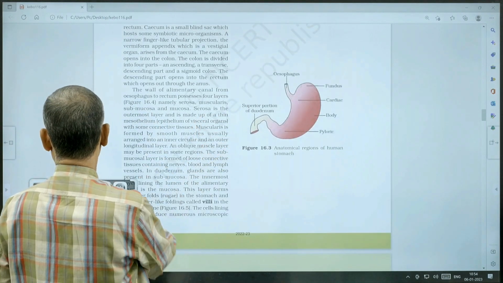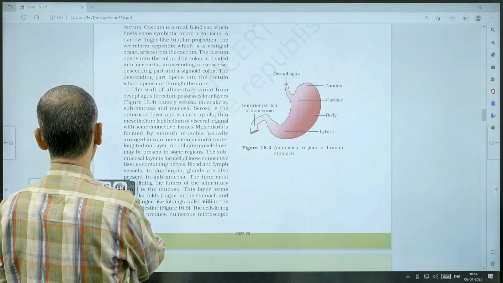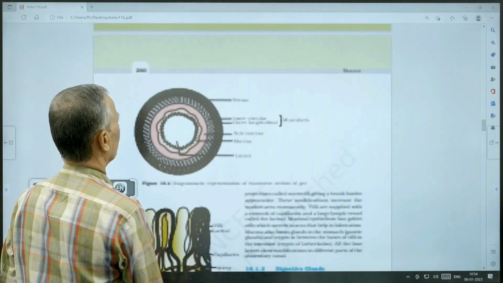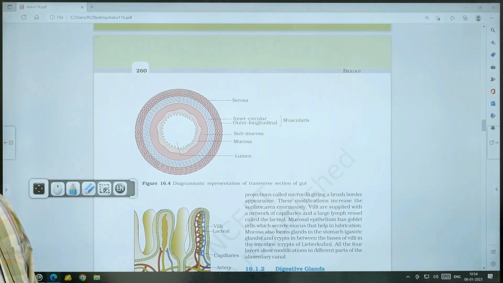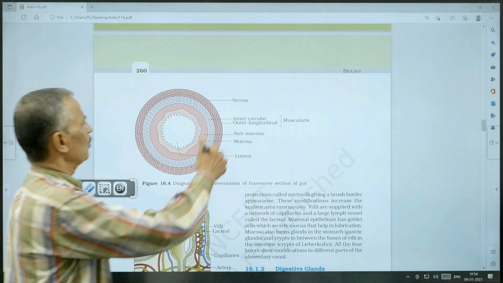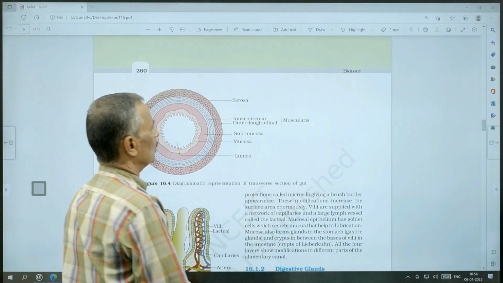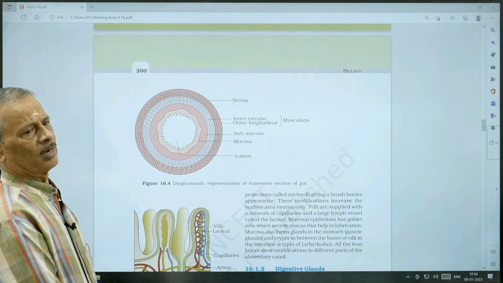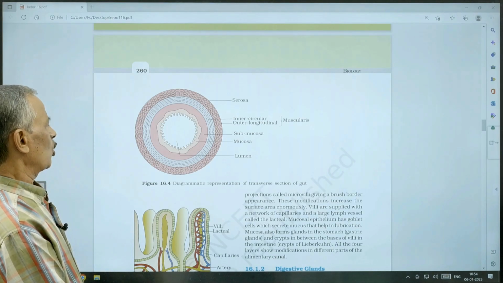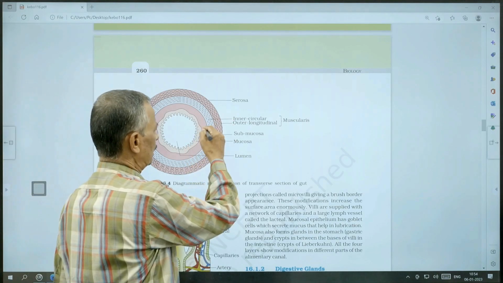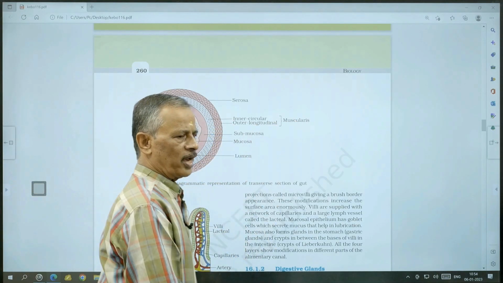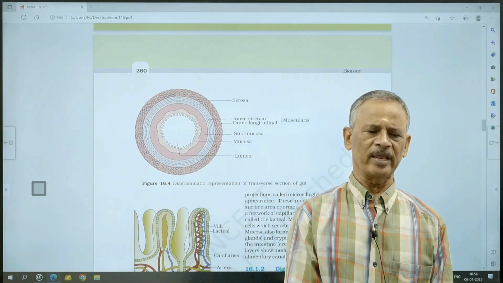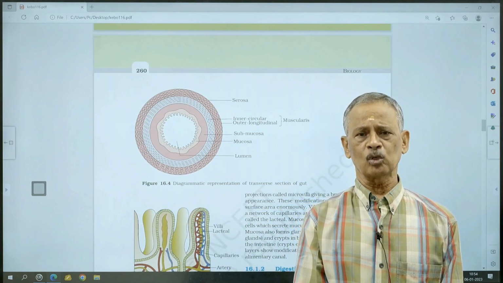Now, our alimentary canal is a muscular structure, and it is having 4 different layers throughout it. These 4 layers are: number 1, serosa, a thin outermost layer, which is a very tough layer called serosa. Inner to that, you are having muscularis layer, also called muscularis externa, because it is the outermost layer of muscles.